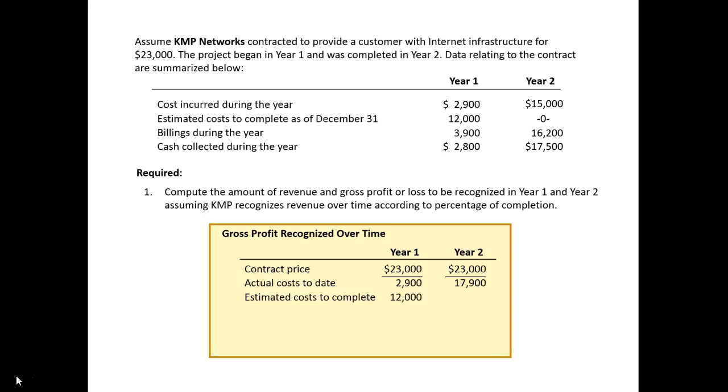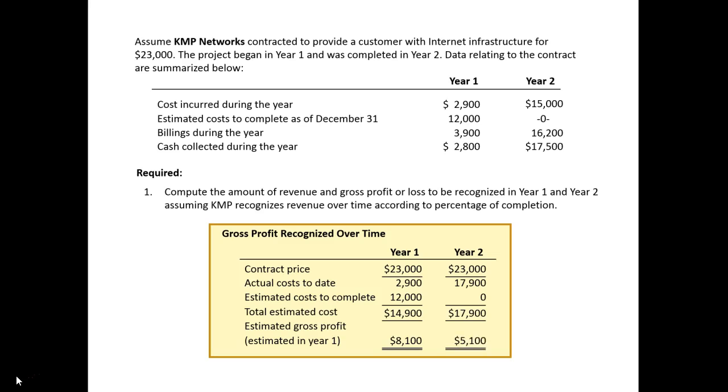If we estimate cost to complete in year 1 of $12,000 and in year 2, 0, we show our estimated cost for year 1 to be $14,900. In year 2, $17,900. So our gross profit in year 1 is $8,100. In year 2, it's $5,100.